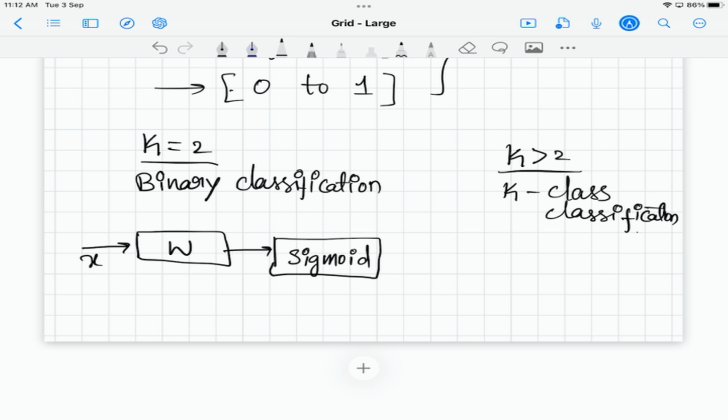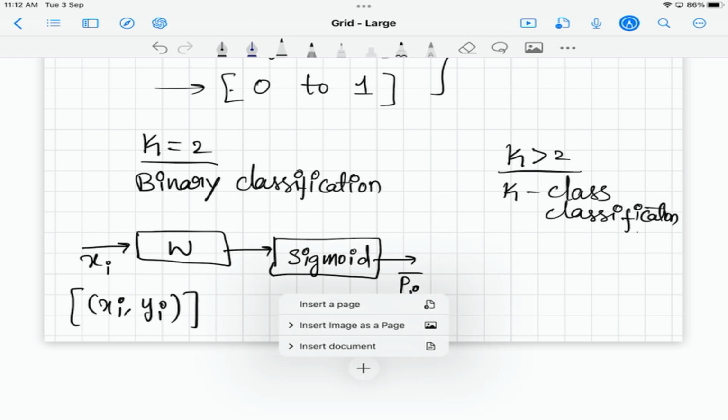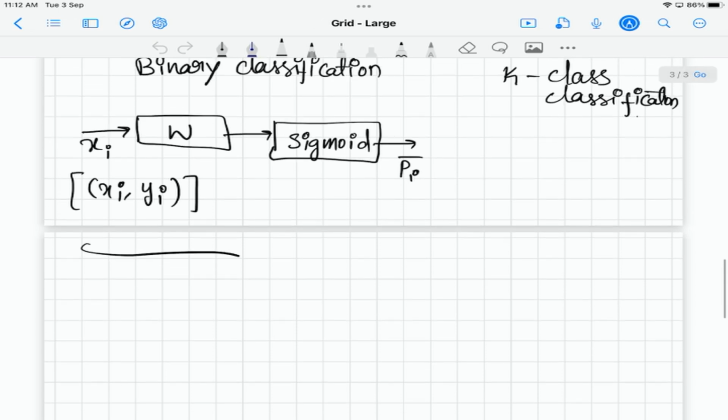Sigmoid is a nonlinear function and its range is between 0 and 1. So this gives you the predicted probability. For each xi you have the predicted probability, and xi also has the ground truth probability. This framework is called logistic regression.